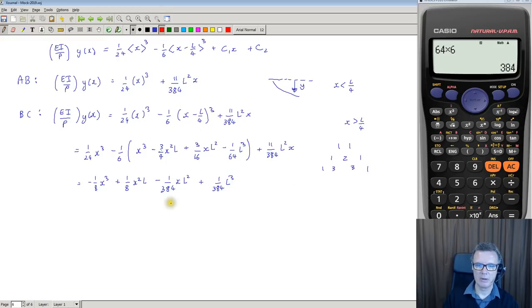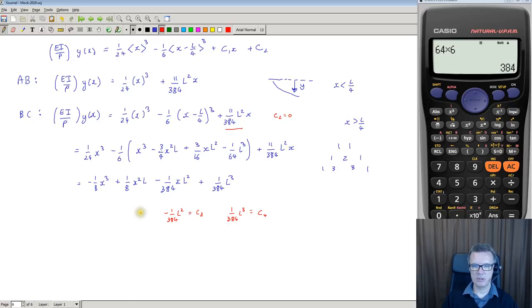So this minus 1 over 384 L squared is your C3, and 1 over 384 L cubed is your C4. Alright, and obviously your C1 is this term here, and your C2 is 0.